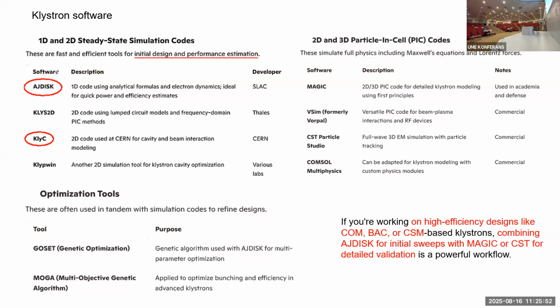Again, Thales, impossible. Magic 2. But if you make a simulation, you have to optimize it. Yes, CST has also optimization. Extra optimization you can find. Most of these softwares also have an optimizer too.